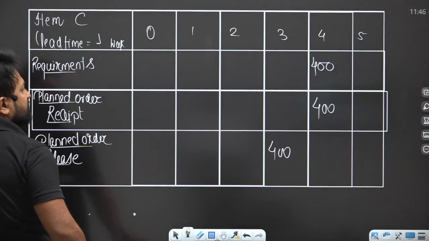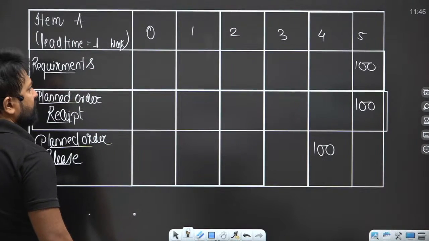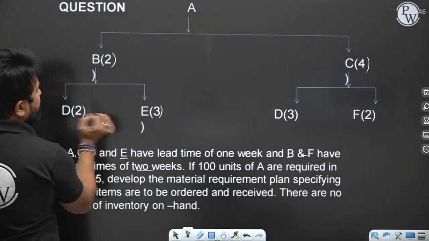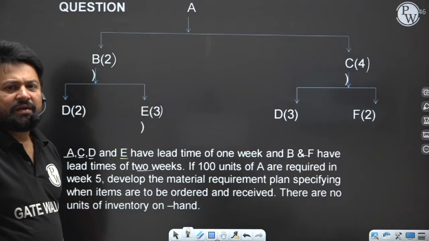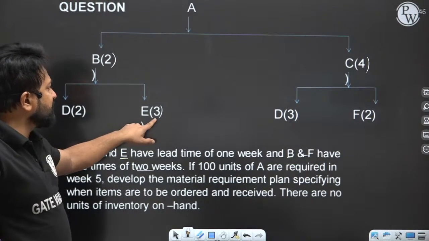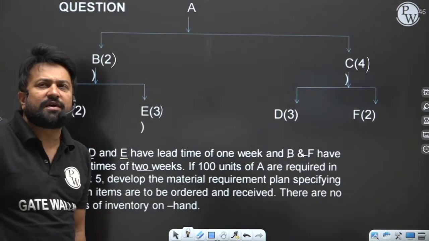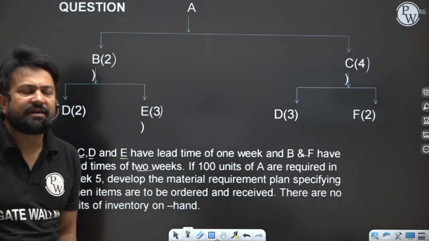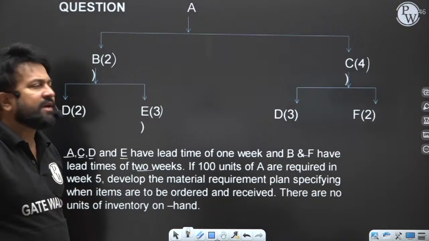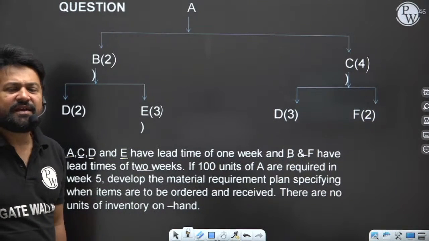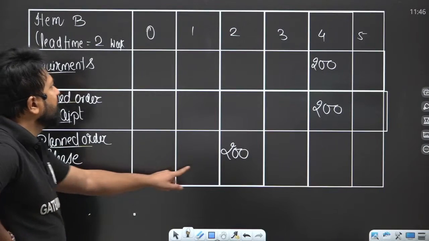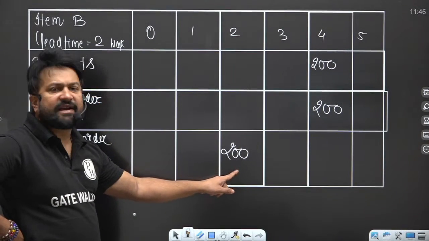For that you have to see the flow chart. See here, E. Where is E? 2 is to 3, right? So here 200, 3 times of 200, that is 600. B you are going to release in the 2nd week.